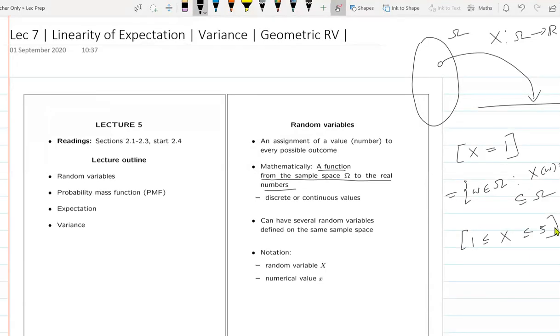We also defined a function called the probability mass function. In last time's lecture, I called it probability density function. There is a correction: that should be called probability mass function, not probability density function.